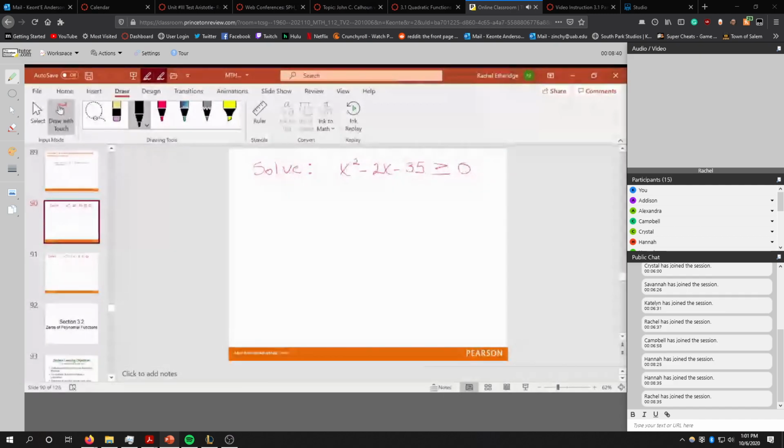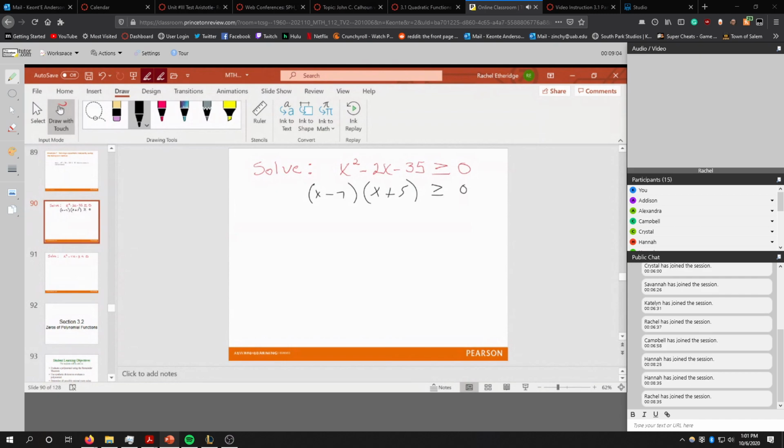So the first thing you want to do is factor, and let's see what the x-intercepts would be. This one factors into x minus 7 and x plus 5, because we want to multiply to get negative 35, and the middle terms have to add to give us negative 2x.